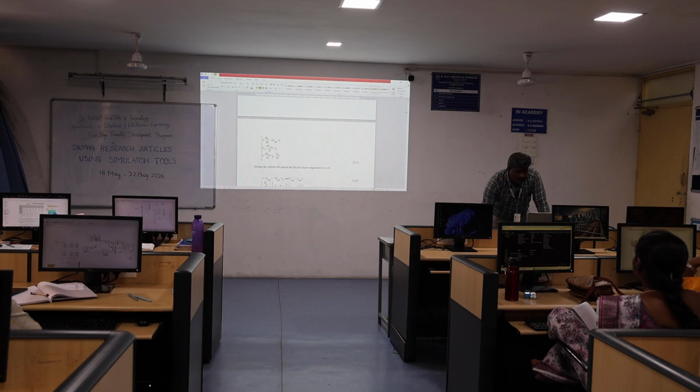Then IC is equal to IL minus I0, where I0 can be written as V0 by R. So this is the second equation. C into dV0 by dt, this is one of the variables. Let us take it as x3, so C into x3 dot. Then diL by dt, where IL is the x1 variable, is x1 dot.